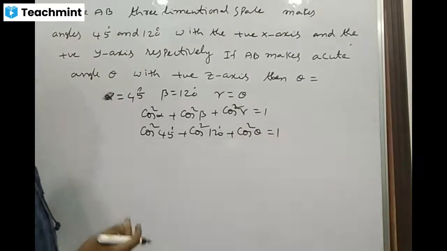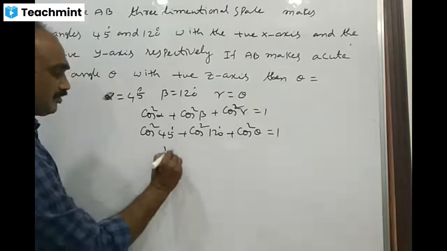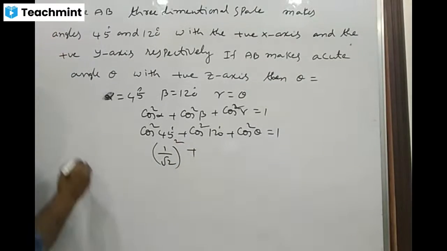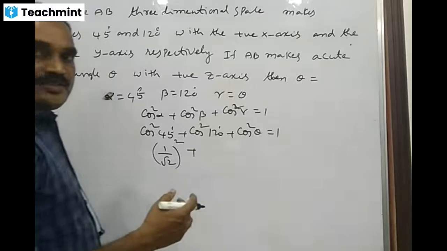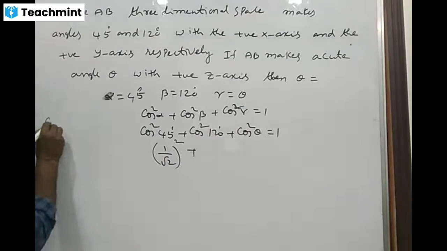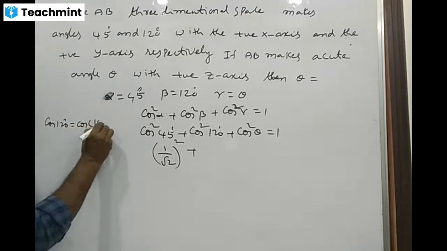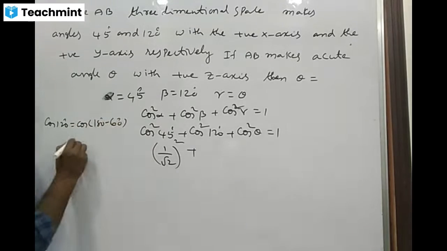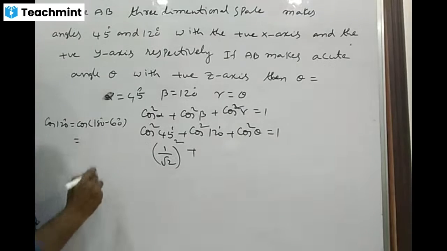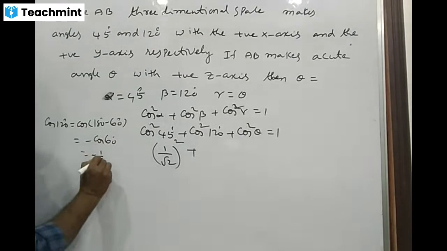So cos 45 degrees is 1 by root 2, whole square, plus cos square 120 degrees. Cos 120 degrees is equal to cos of 180 minus 60. 180 minus theta is in the second quadrant, and in the second quadrant cos is negative. So it is minus cos 60, which is minus 1 by 2.